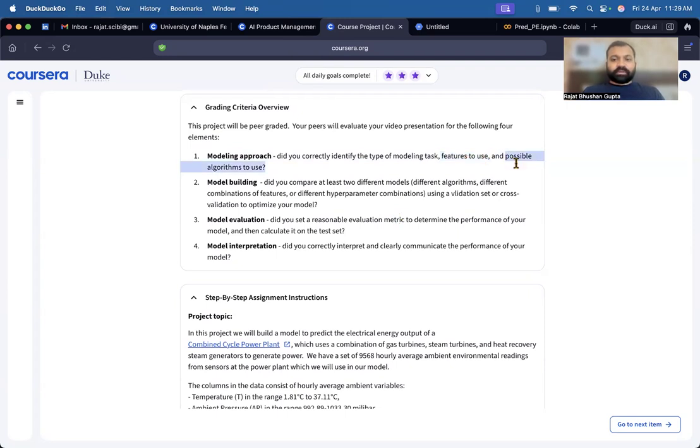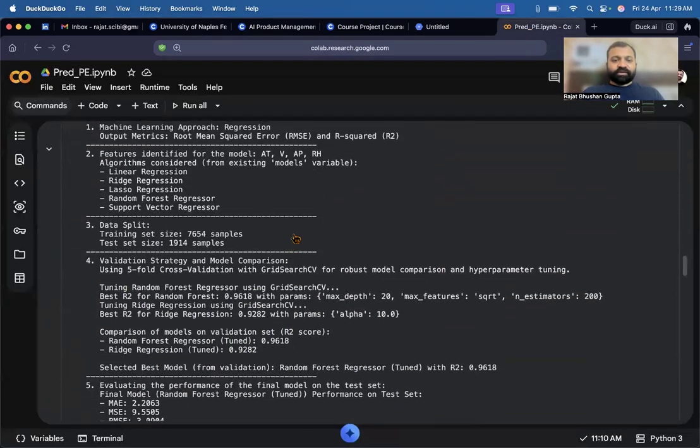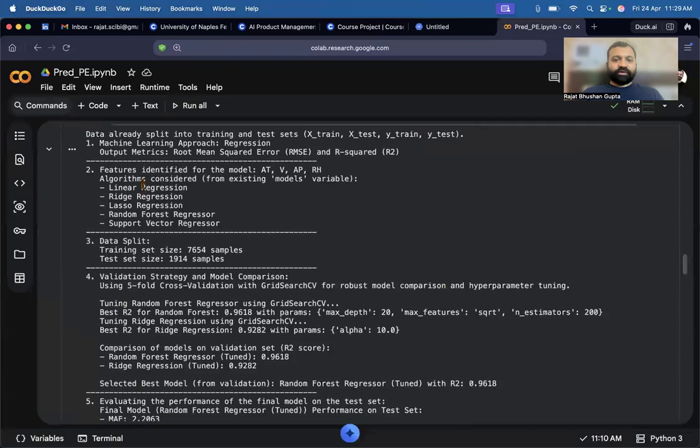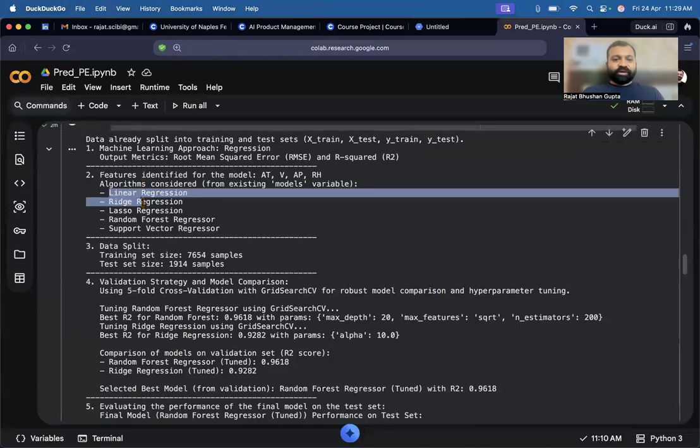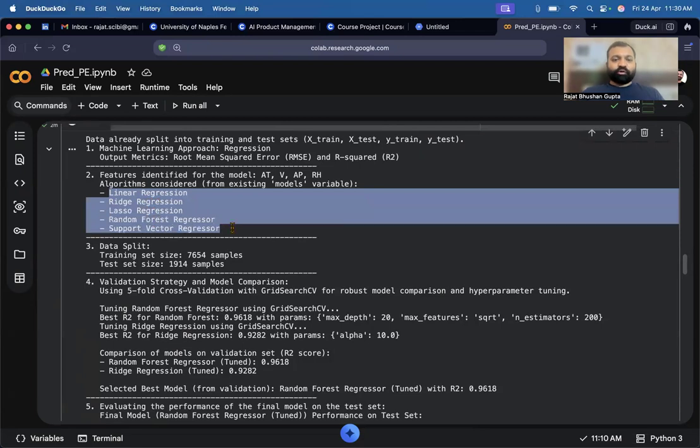And let's talk about possible algorithms. So for regression, we can use various algorithms, and we have chosen here, as you can see, linear regression, ridge regression, lasso regression, random forest, and support vector regressor.